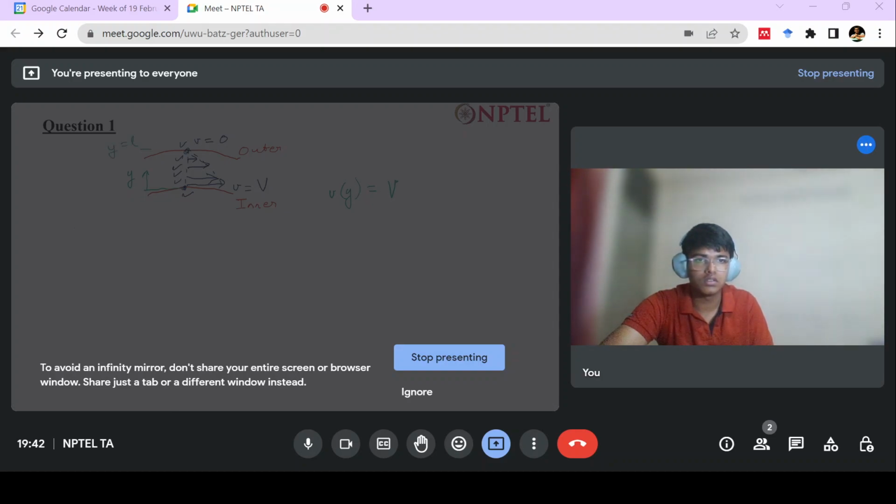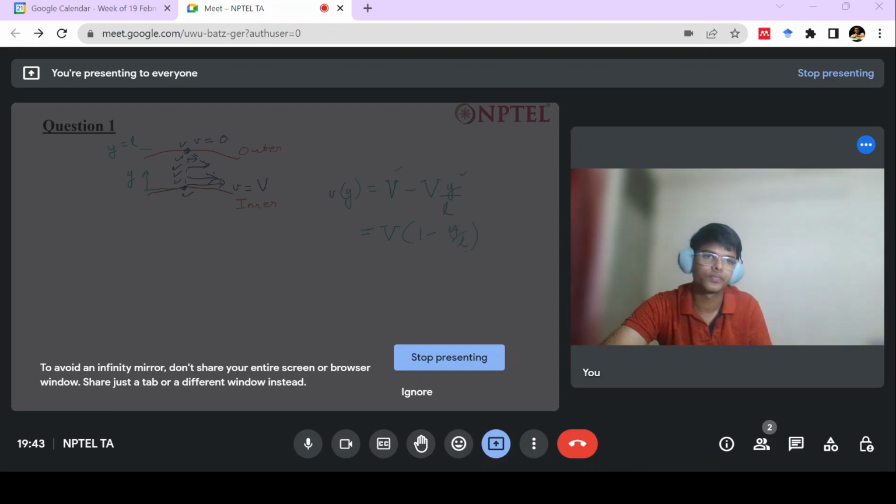So this will be v minus v y by L. You can see if I put y equal to 0 here, this is v, and if I put y equal to L here, this will be 0. This is linear because only a y term is there. There is no y squared or any other function of y, only a y term and a constant. So this is a linear equation, and maybe I can also write it like this.